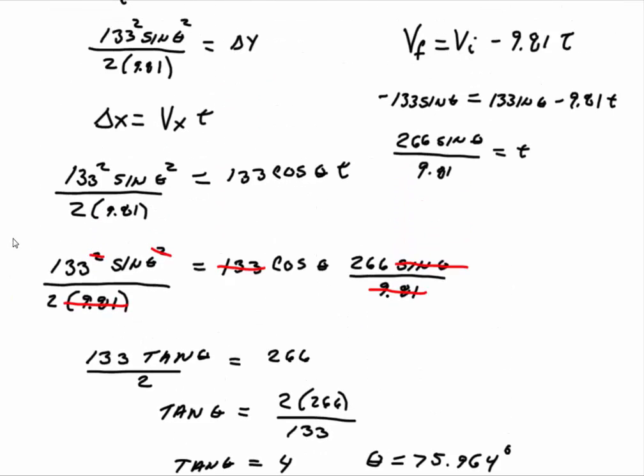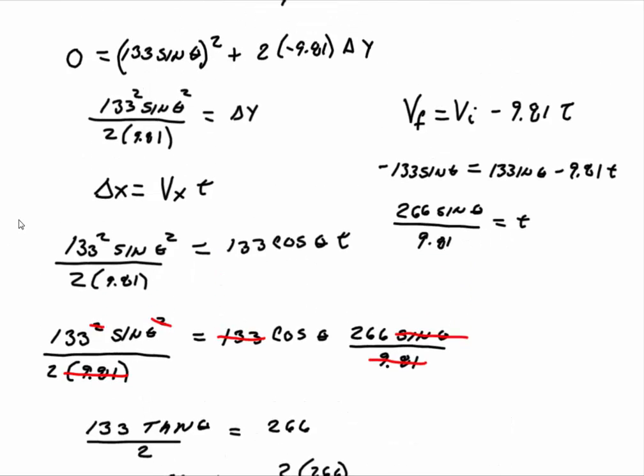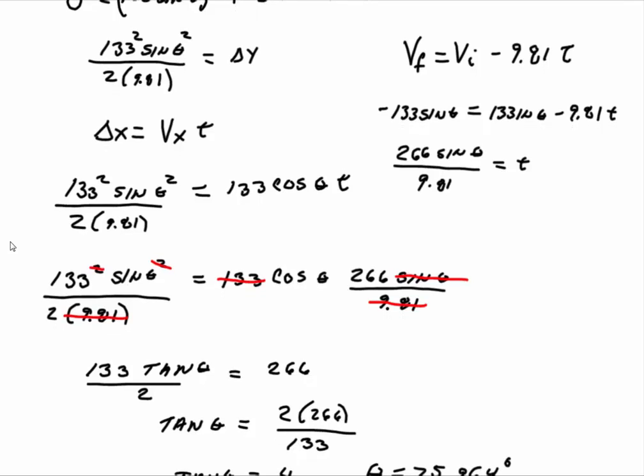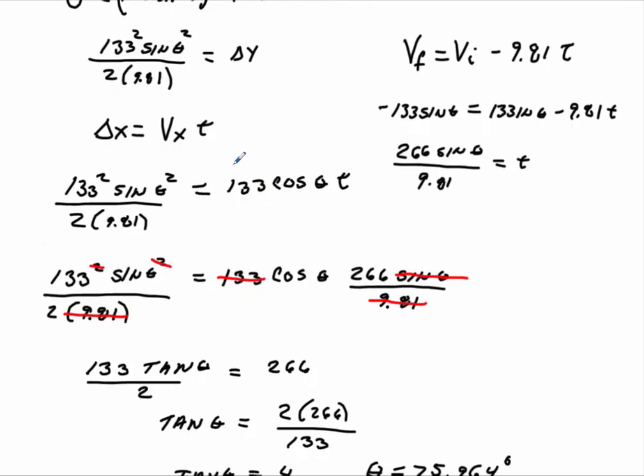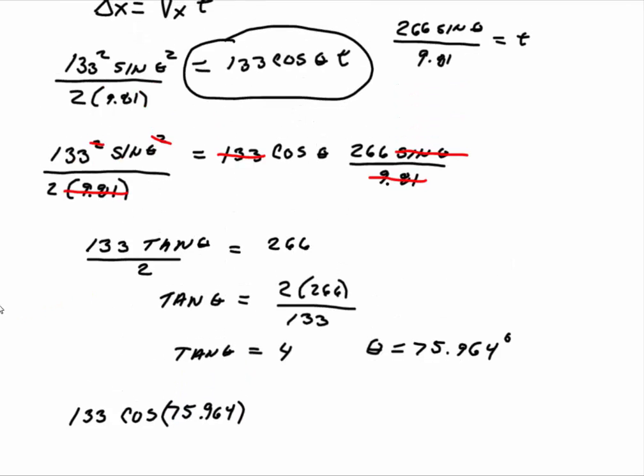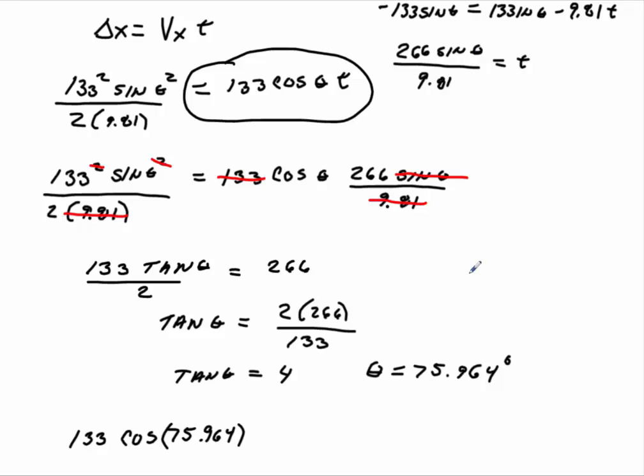Now we want to find the maximum range. We can start plugging everything back in. We'll go back to this equation right here, which is going to give me our maximum range. So I'll take 133 cosine 75.964. Now we need to get our t value. We'll solve t based upon this.